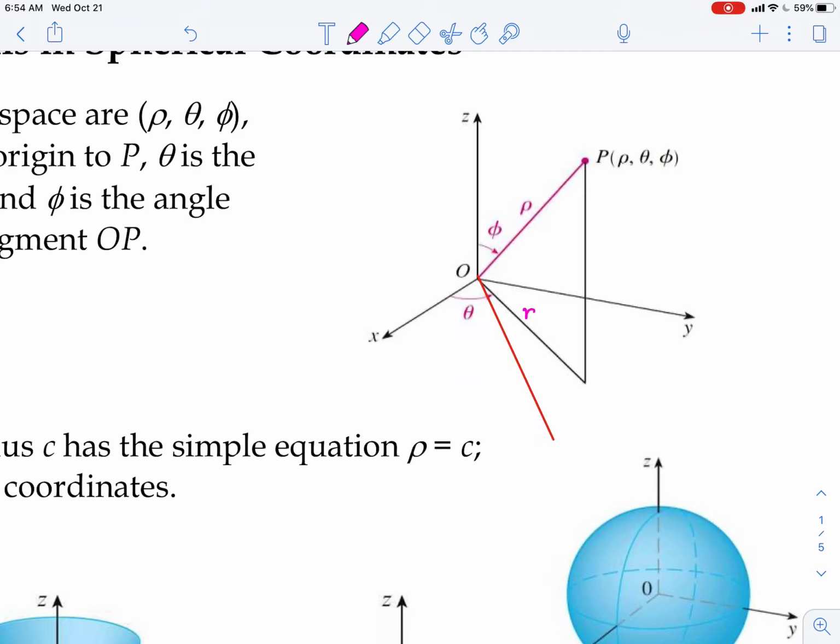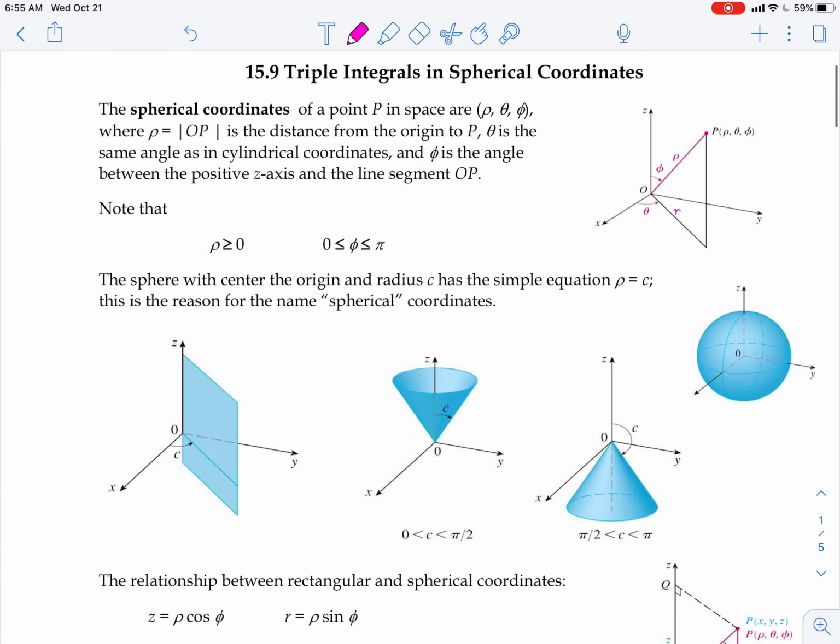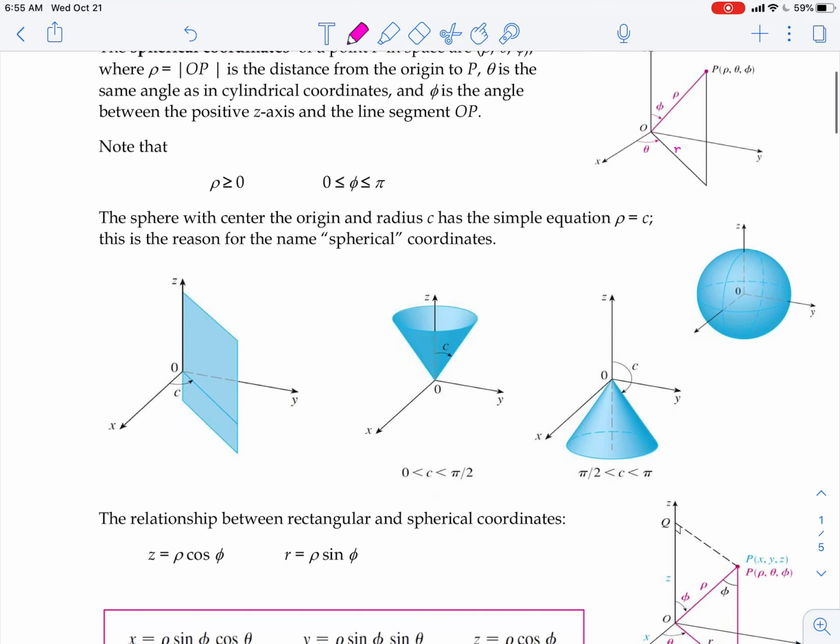That's why we don't have to worry about going past pi, because theta takes care of it for our phi. If we overextend, we're no longer dealing with the circle, because we're still rotating this across some number of degrees in theta. So that's why phi is only between 0 and pi.